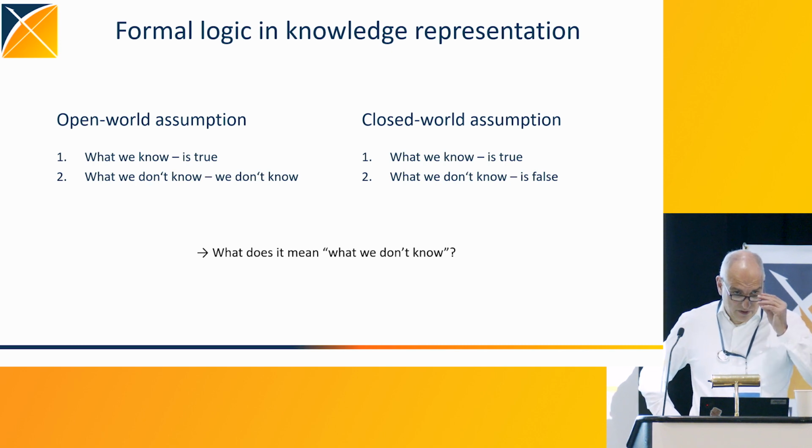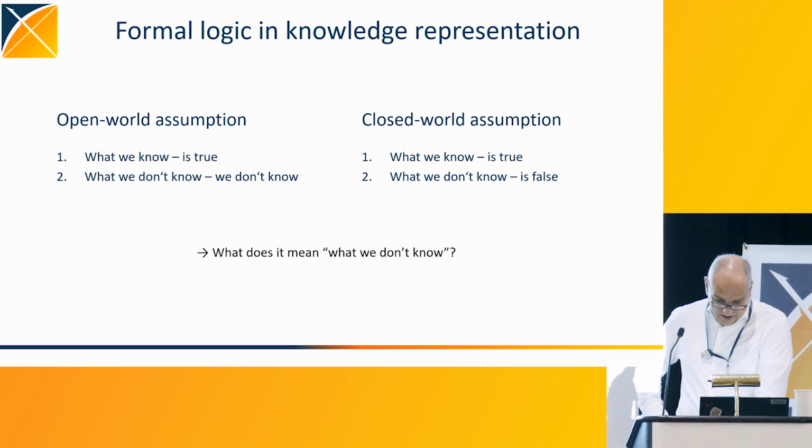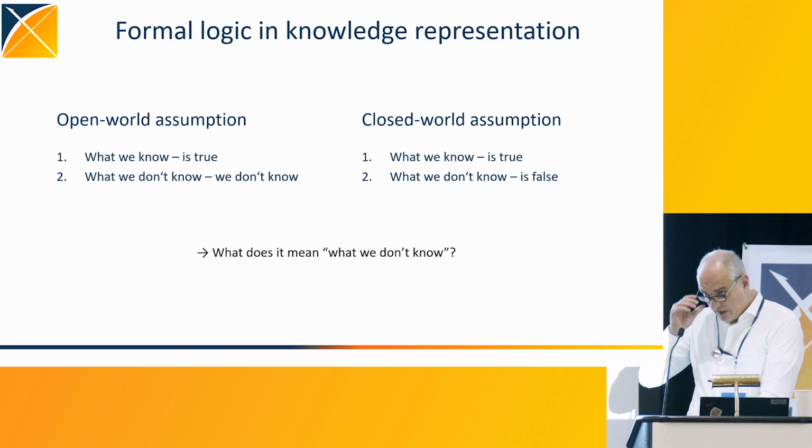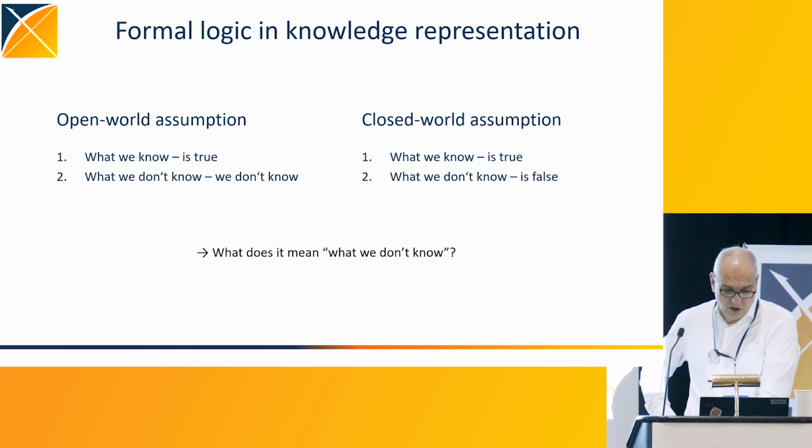Last thing I wanted to explain here, because it usually does not get covered. There is a knowledge representation theory, and they define formal logic as an open world assumption or closed world assumption. What does it mean?